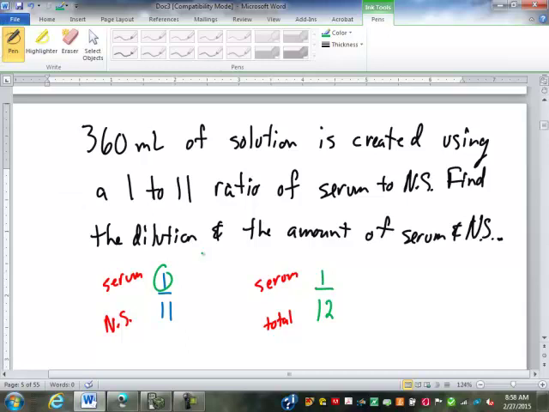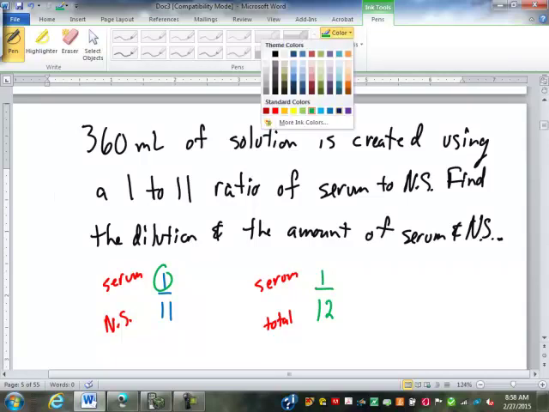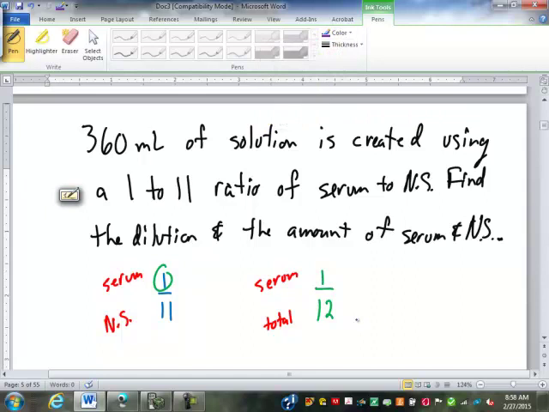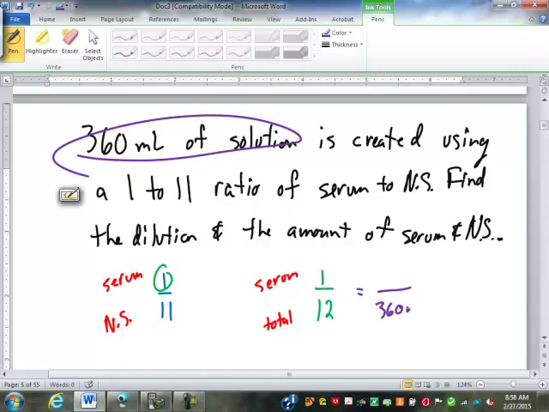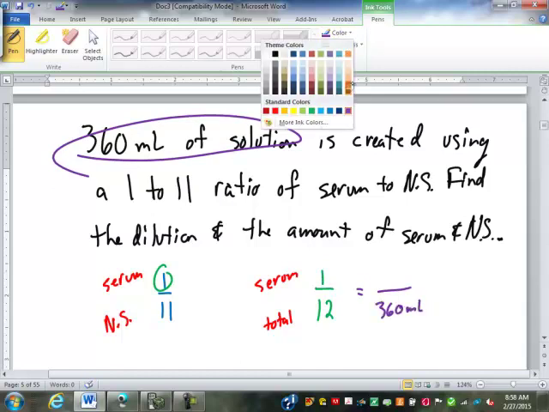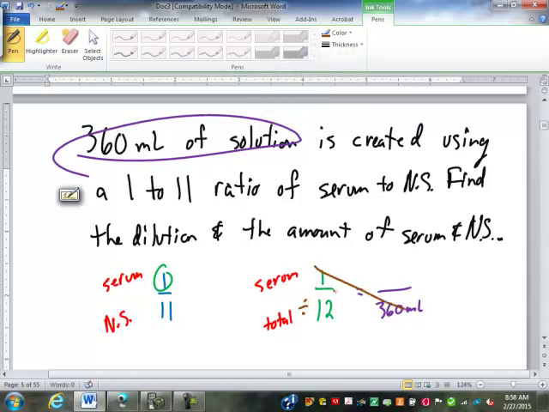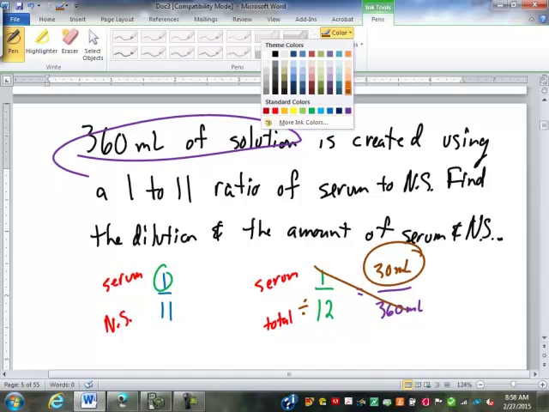Now we want to know how much serum and how much saline are used. Well, now that we have the dilution of 1 to 12, we can use that to find the amount of serum in 360 milliliters of total solution. So cross multiply and divide. That gives us 30 milliliters of serum.